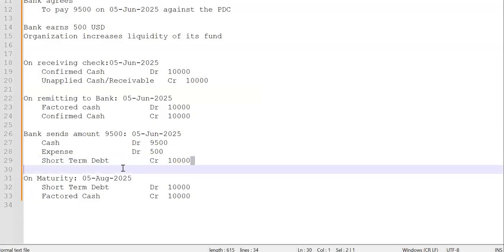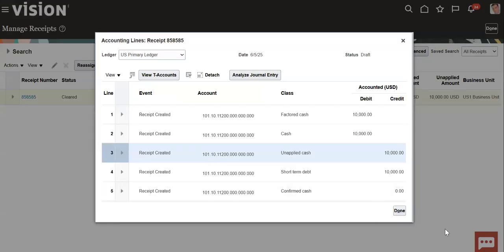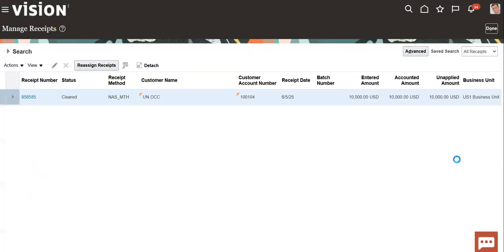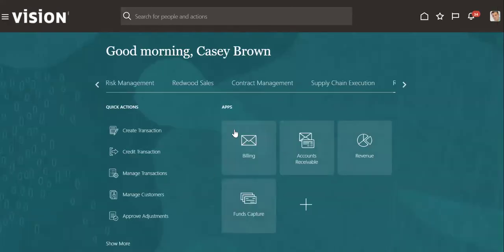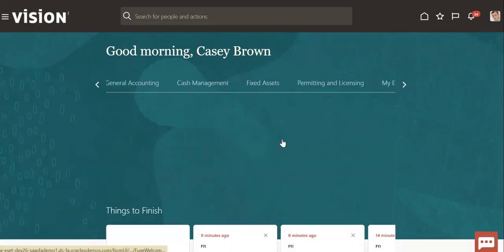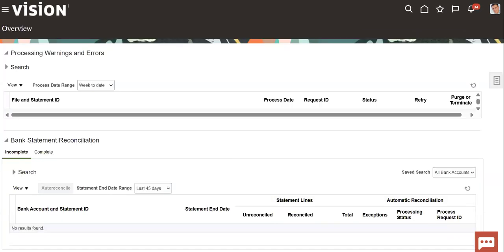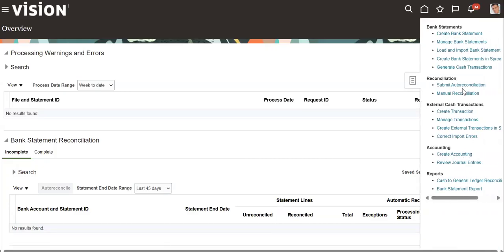Now, how will that be handled? How will this 500 difference be taken care of in the application? If you recall, when we were doing the reconciliation, it created an account difference transaction. When we do the accounting of that, that 500 will get included. So let me go to cash management once again. Now the system has created one transaction.